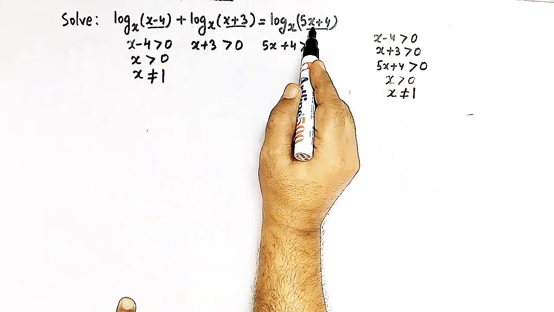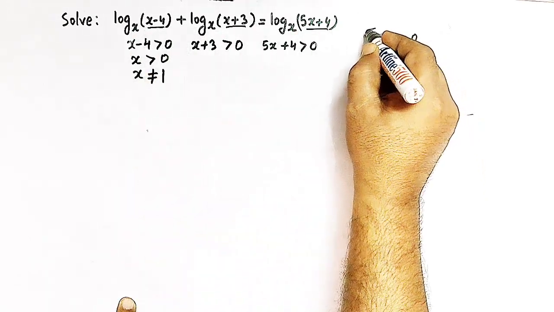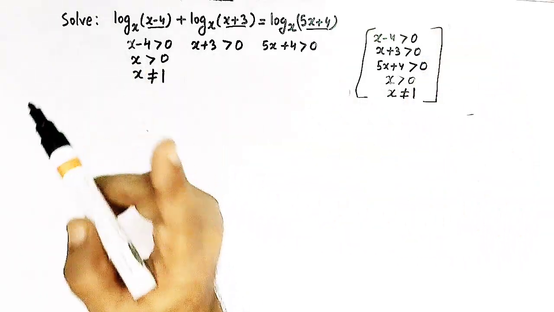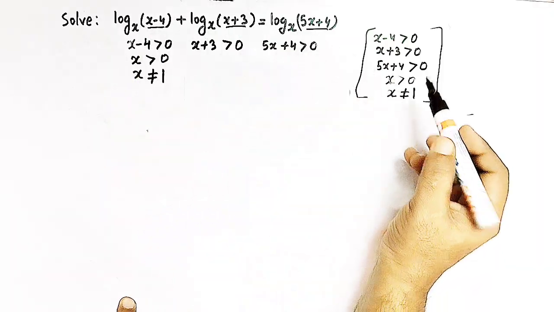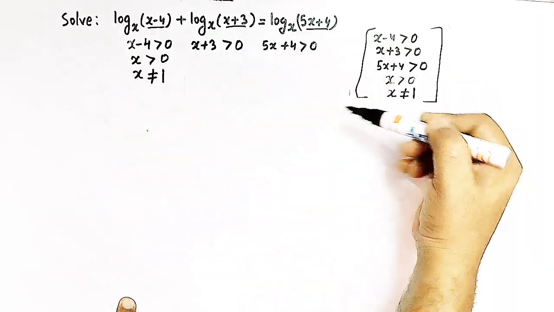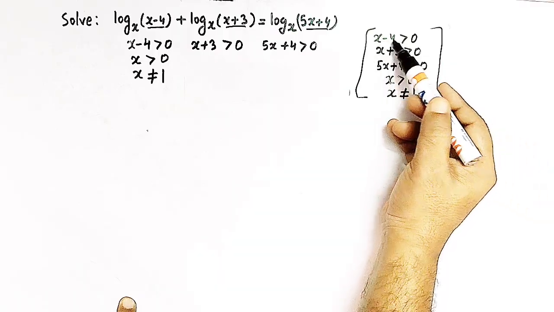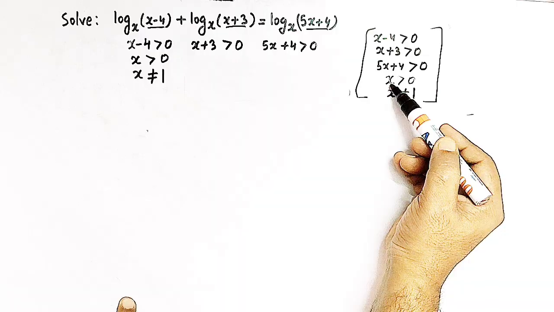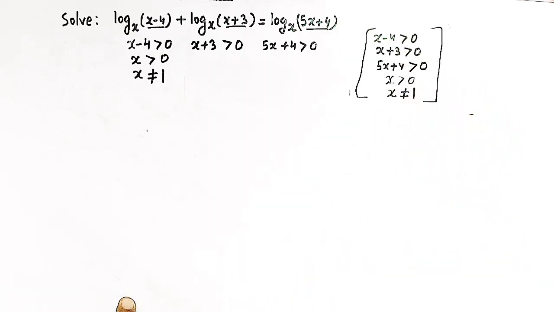So this system has some solution when we have these conditions, right? So here only those values of x satisfy this equation which satisfy these constraints, that is x minus 4, x plus 3, 5x plus 4, and x should be greater than 0 and x should not be equal to 1.